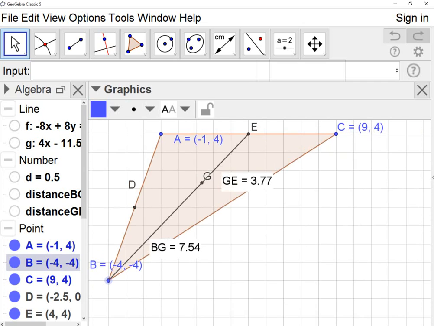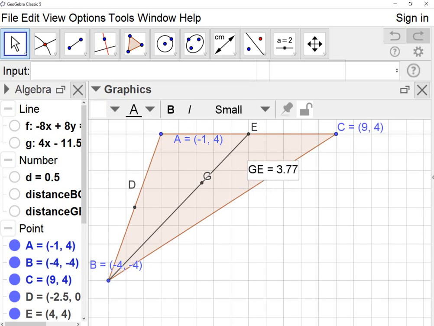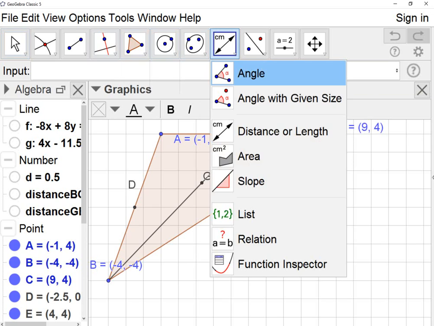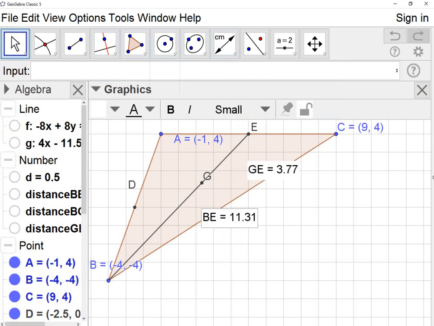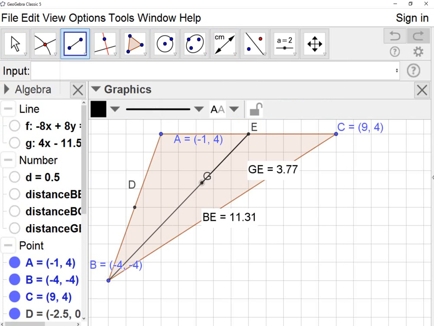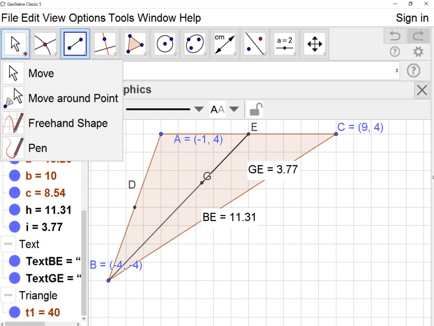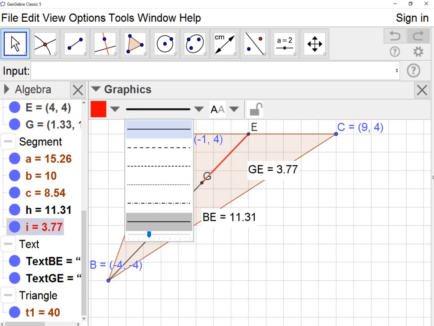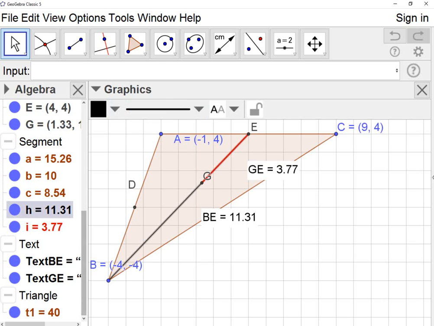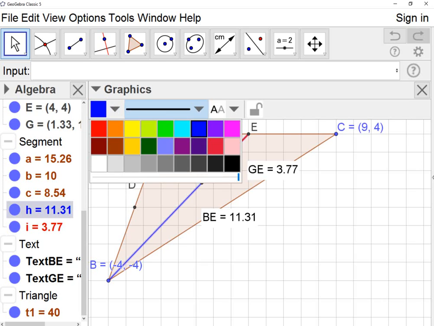Another relationship that we see. Instead of looking at BG, let's look at, and this relationship comes just from that 1 to 2 relationship, and it might make more sense to color code these. If I look at that distance right there, I'm going to make that distance red. And then I look at this distance here, and we'll make it blue.